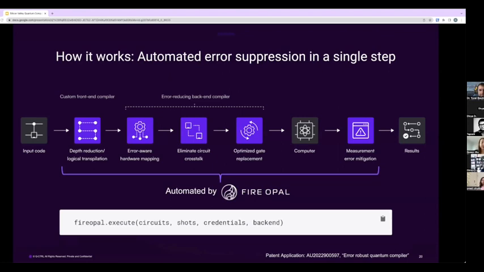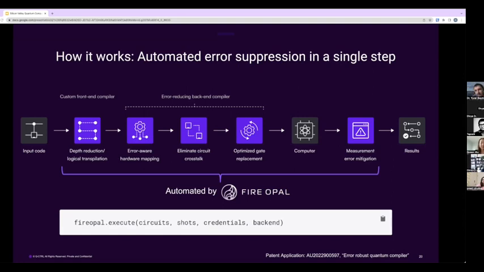We help to mitigate for those, and we help to optimize your circuit in lieu of those limitations. And then we perform some post-processing as well in order to actually help to mitigate the errors that arose during the process. And all of that in turn means that you're getting the best possible results back when you execute using FireOpal.